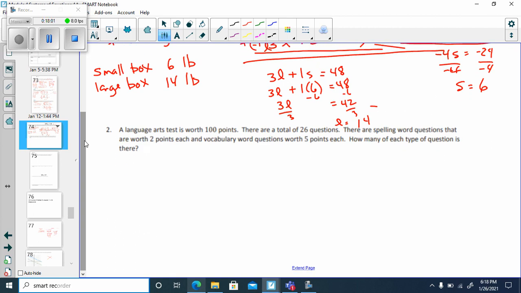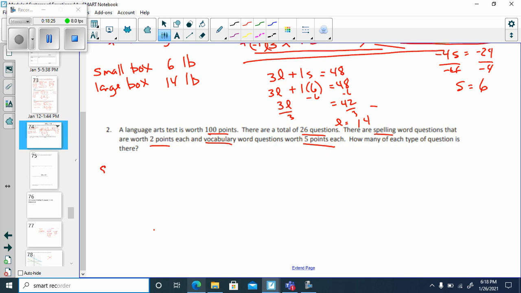A language arts test is worth 100 points. There are a total of 26 questions. Spelling questions are worth 2 points, and vocabulary word questions are worth 5 points. How many of each type of question is there? Well, let's see. We've got a total of 26 questions.